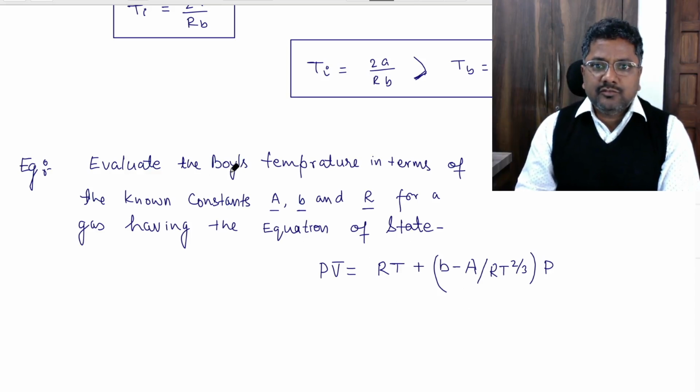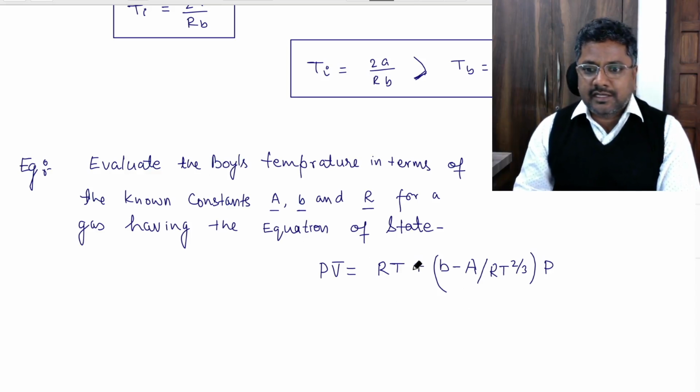So you know, at Boyle's temperature, the second virial coefficient is 0. Identify from this which one is the second virial coefficient.